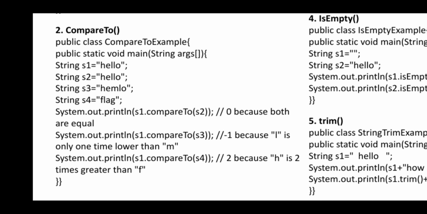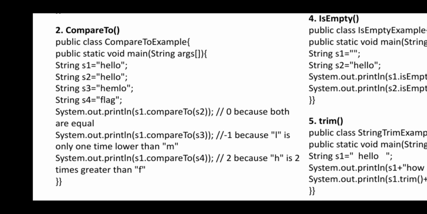Now System.out.println s1.compareTo(s2). s1 and s2 are compared, and since both are Hello, they are equal, so it returns 0.